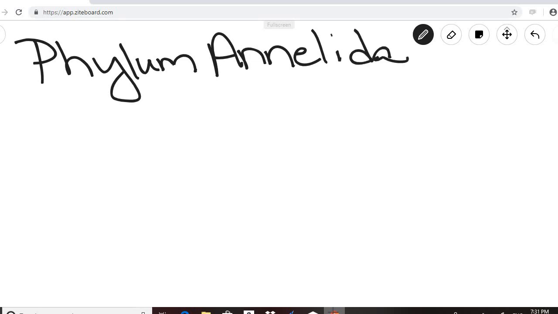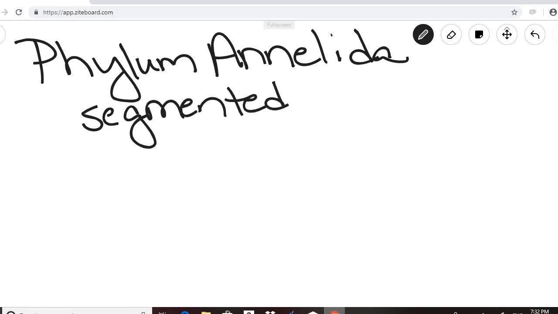The last one that we will talk about then is phylum Annelida. And these are segmented worms. So you probably at some point have dissected an earthworm.